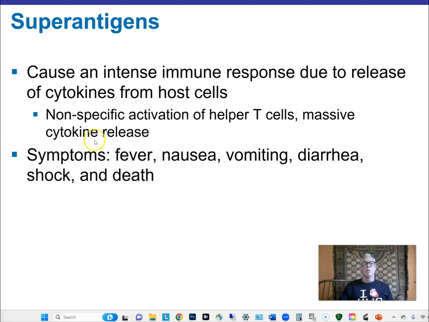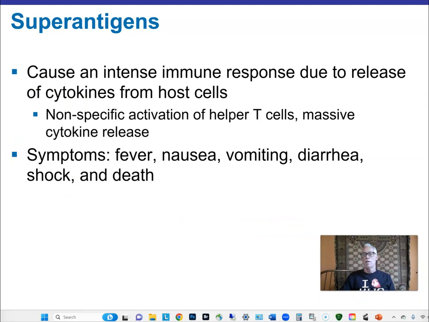Well, when you have a superantigen, it goes around to virtually any and all helper T cells in the area and turns them on, and it produces a massive amount of cytokines, and you can have a lethal inflammatory response, or at least a very vigorous inflammatory response.